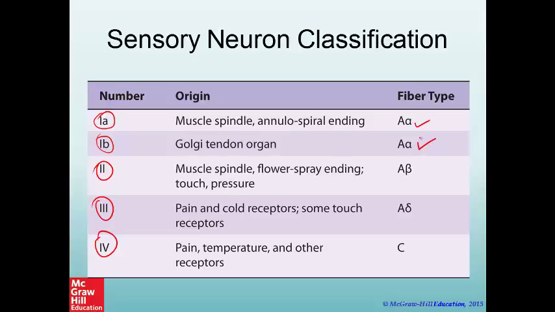So the type 1 fibers equate to the A alpha grouping. Type 2, A beta. Type 3, A delta. That's going to give you your fast pain and your temperature, some of your cold receptors. And then type 4 sensory neurons are going to be your slow pain fibers.